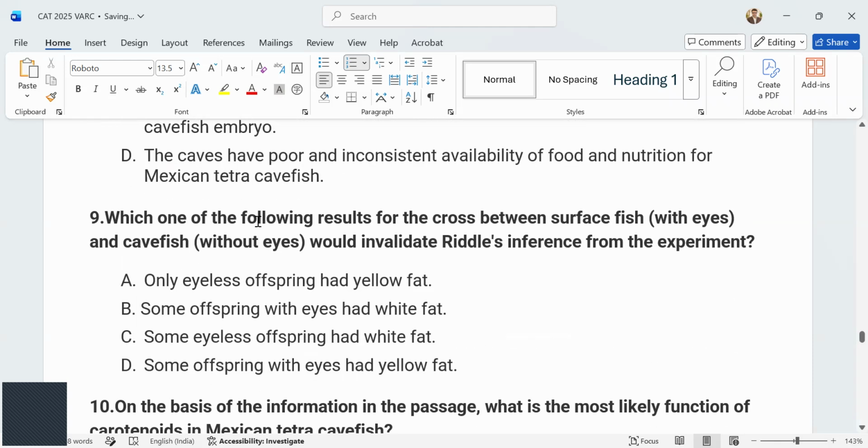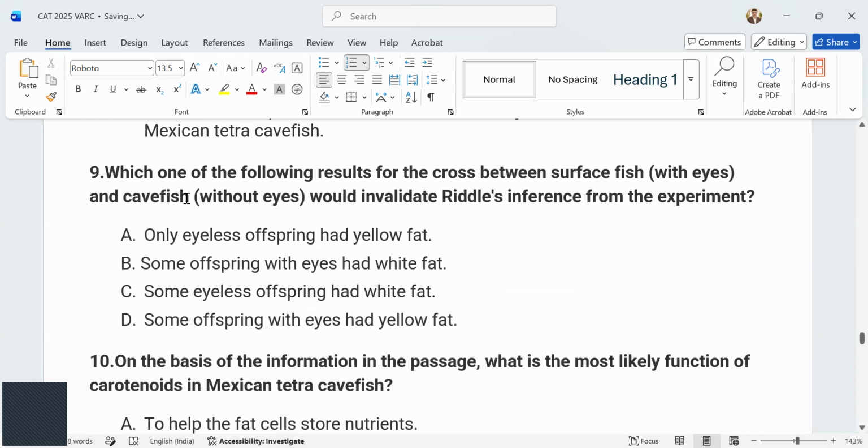Which one of the following results for a cross between surface fish and cave fish would invalidate Riddle's inference from the experiment? So this is the correct one, right? If this had been the result, Riddle could have concluded that there is a link between yellow fat and eyelessness.